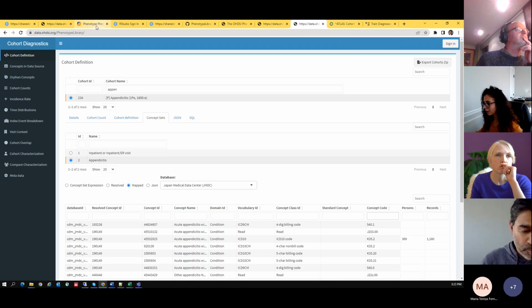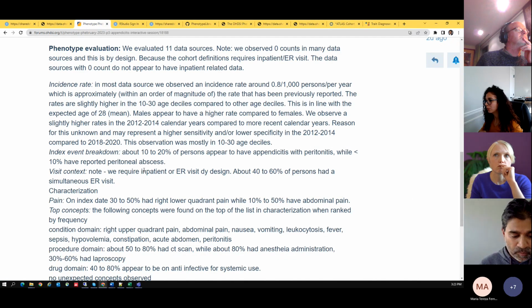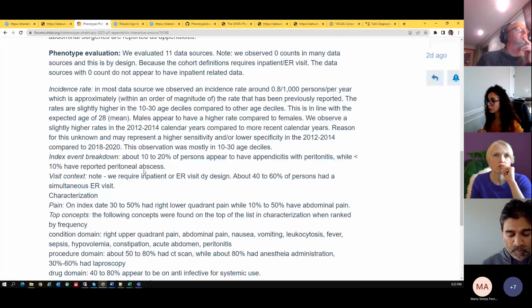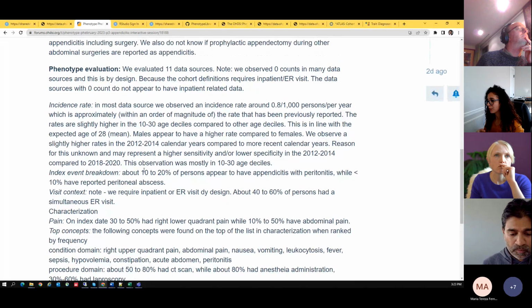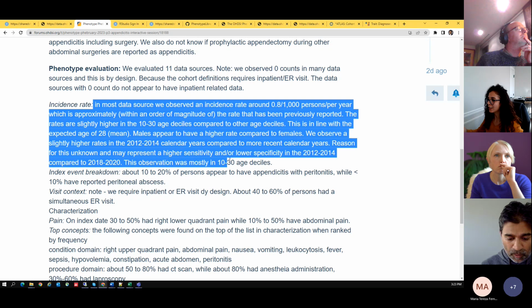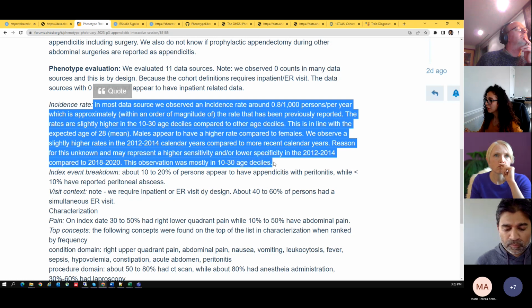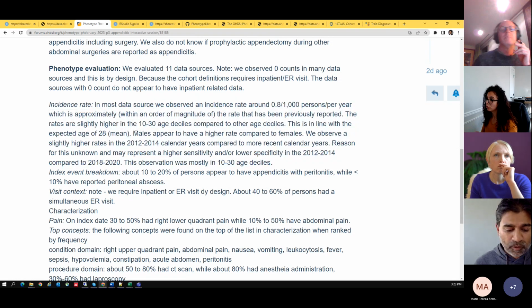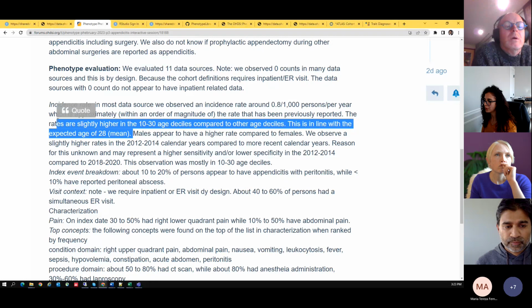From a clinical perspective, in addition to the appendicitis, we expect to observe some treatments, some diagnostics, and some symptoms. High rates of these events can tell me something about specificity, that the cases I'm detecting are true cases. Low distribution of these events can suggest false positives. So what did you see, Gowtham?